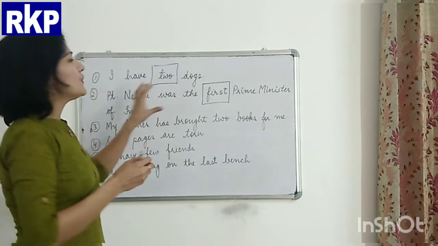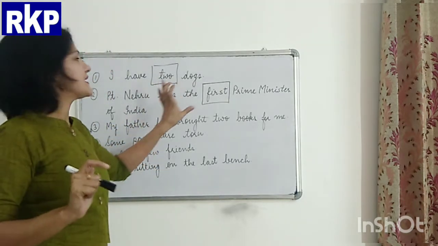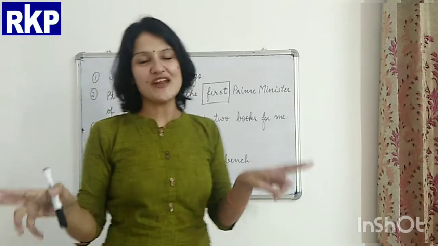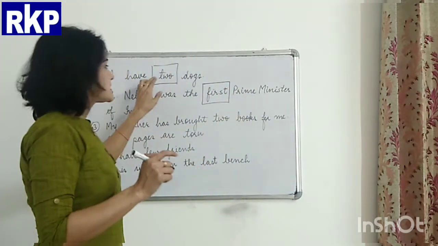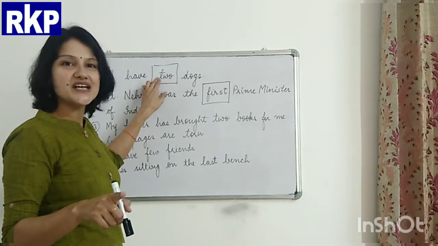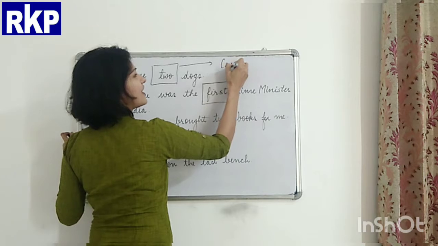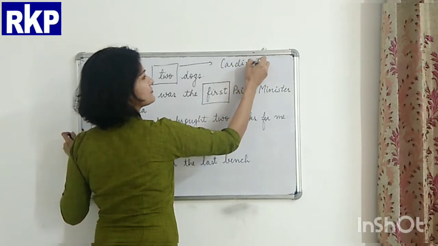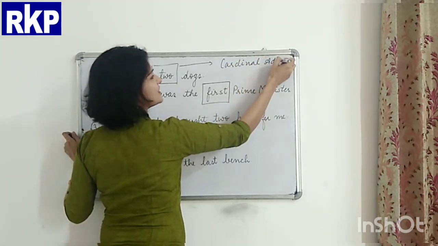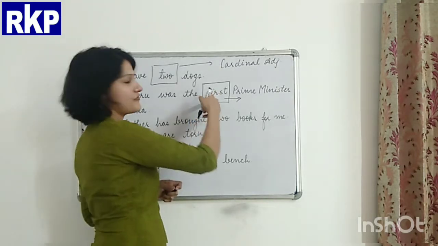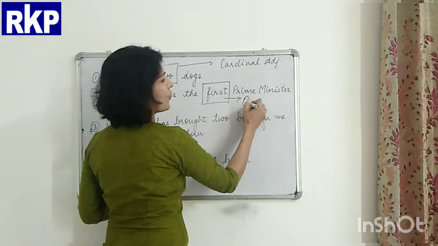Now I would like to tell you this thing. Two and first, they both are adjectives of number, but such kind of adjectives are called cardinal adjectives of number, and this type of adjectives are called ordinal.